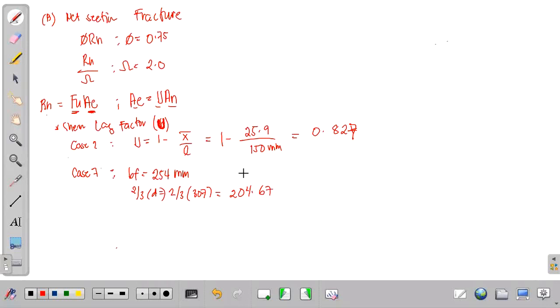Okay? So comparing our BF and 2/3 of D, BF is greater than or less than? So BF is greater than 2/3 of D, since yung 254 mas malaki siya doon sa 204.67.